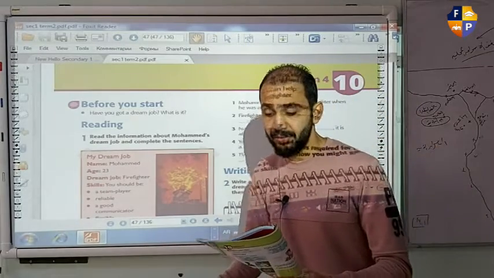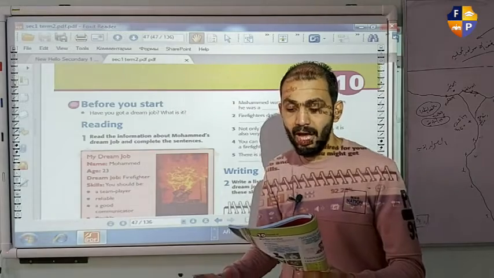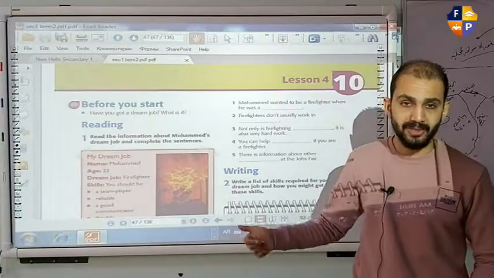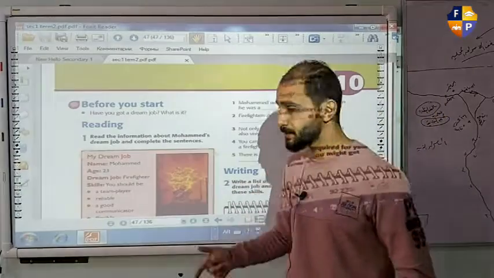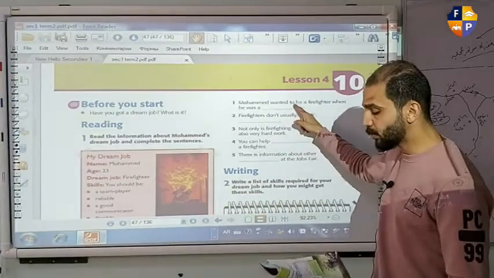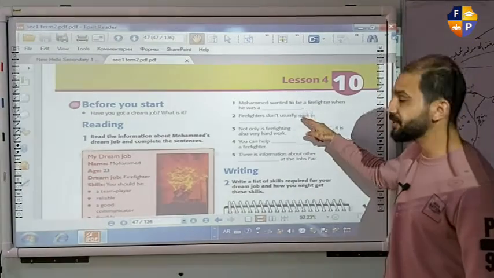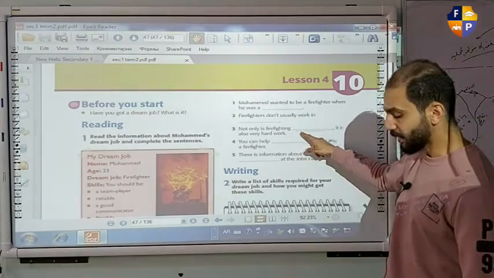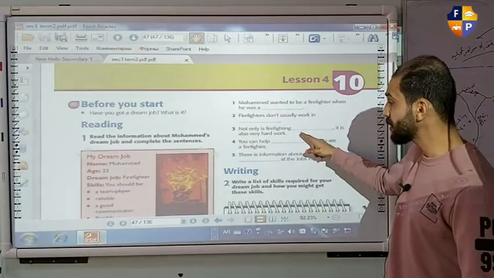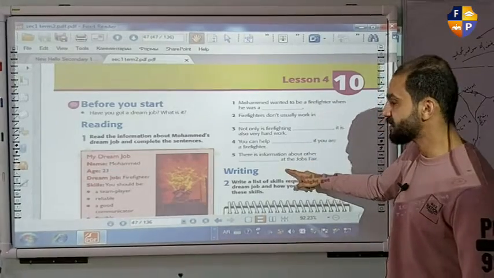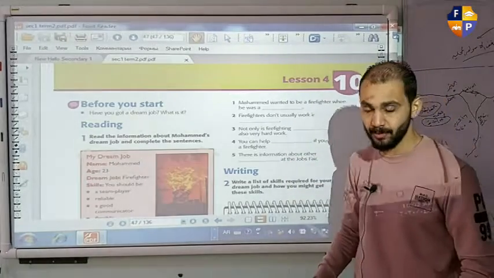Number 5, there is information about other blank at the job fair. We have two words here, jobs and careers. So, number 1 takes boy. Number 2 takes an office. Number 3 takes dangerous. Number 4 takes the community. Number 5 takes jobs and careers.